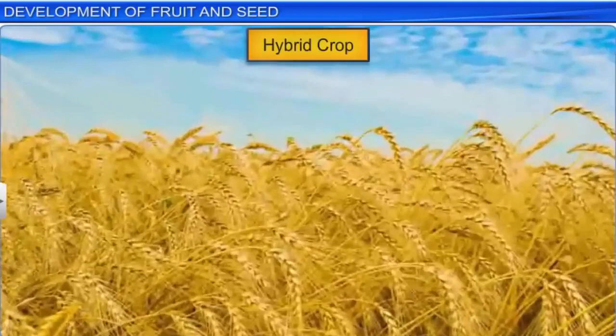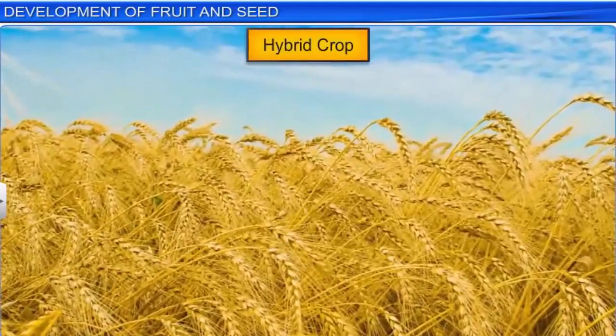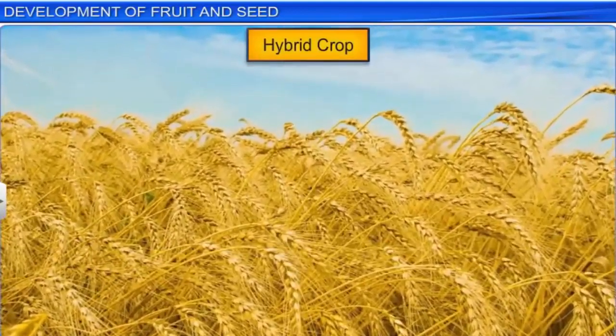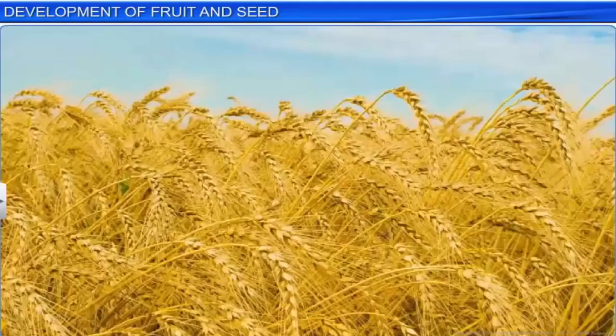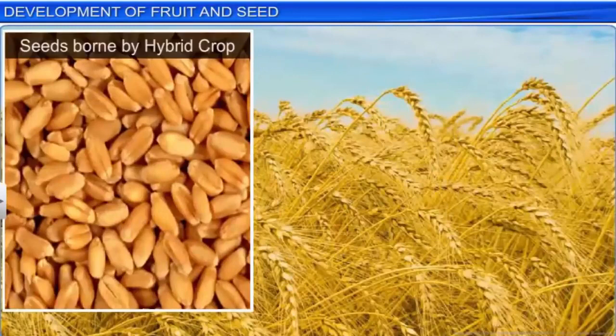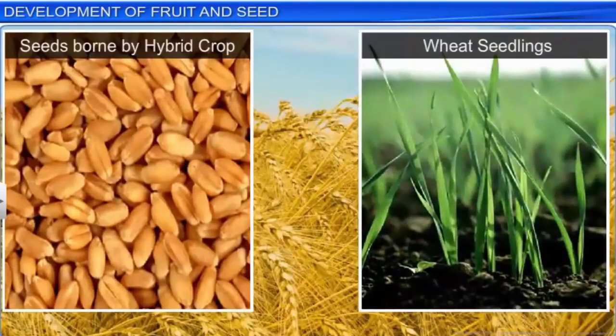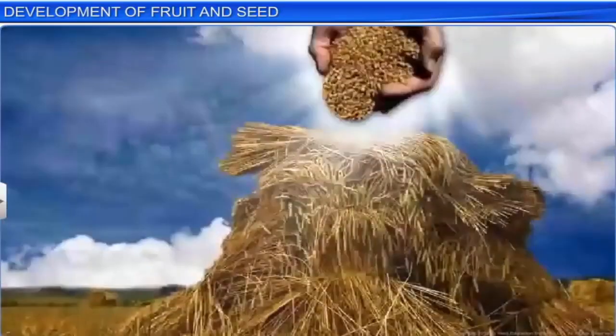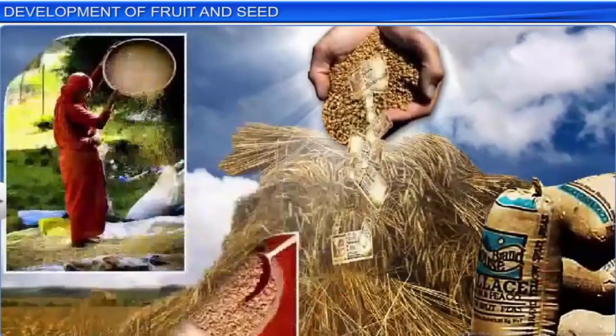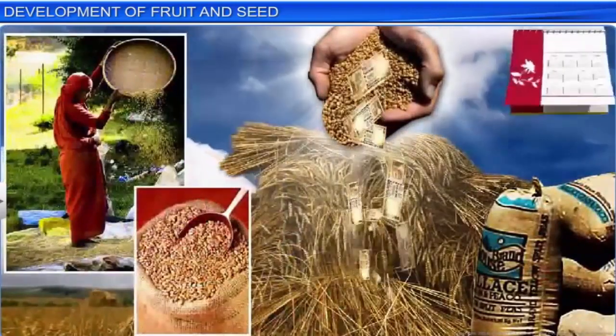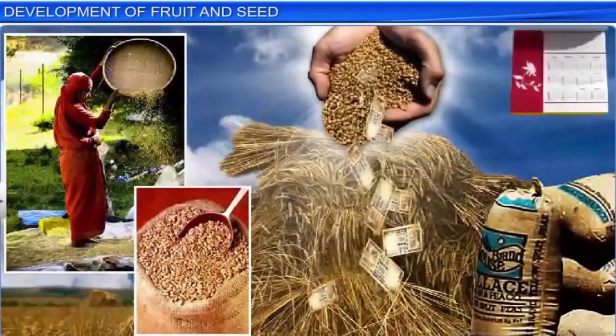These seeds guarantee increased productivity and superior crop quality. However, when seeds born by hybrid crops are sown, the seedlings do not exhibit the hybrid characters due to the segregation of characters. This forces farmers to purchase new hybrid seeds year after year, which is an expensive affair.